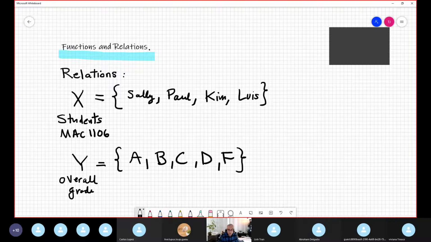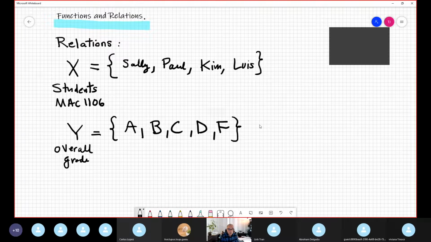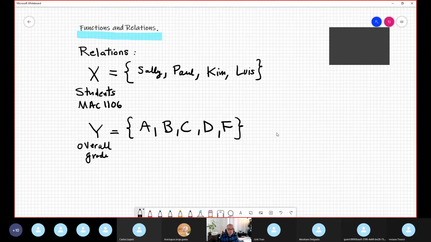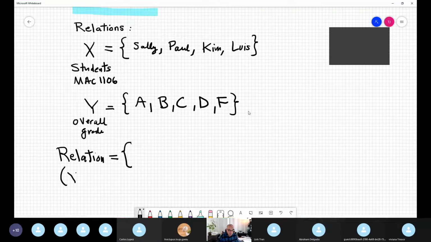This is the letter grades available in Miami-Dade College. And the relation is the association. For example, hypothetically, the first student, Sally, gets A. So you represent it like an ordered pair, (X, Y).